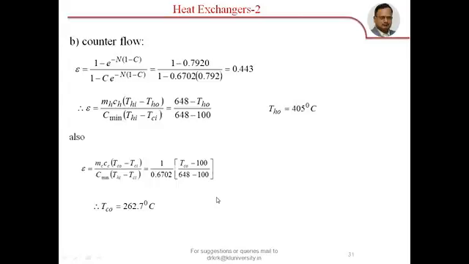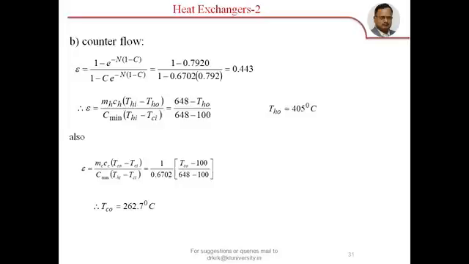Sometimes remember, the four temperatures will be given and you will be asked to determine the effectiveness of the heat exchanger. That is possible. That kind of problem I have not taken up here. Inlet temperature and outlet temperature of both the fluids are given and you are asked to determine the effectiveness of the heat exchanger. Carefully follow.